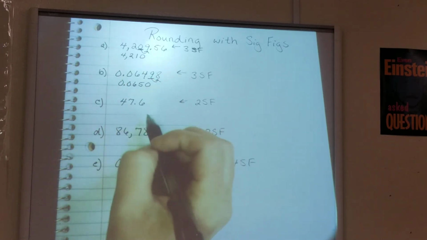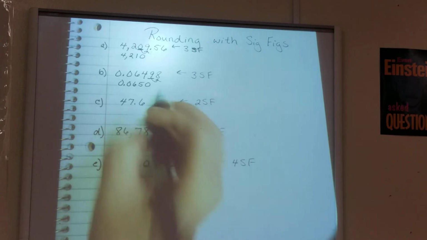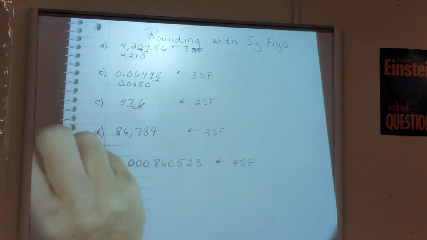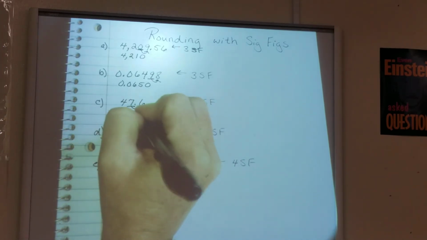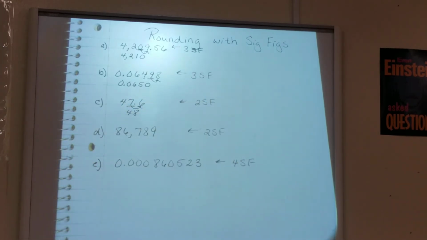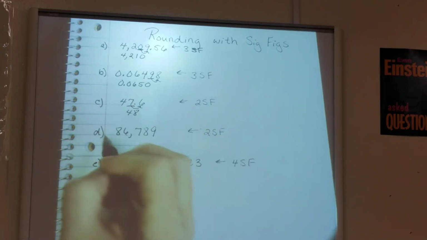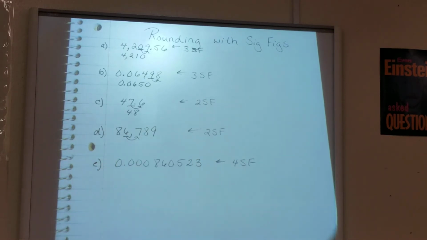All right, next example, I need 2 in this one. So 1, 2, I need to stop here. I'm gonna use that one only for rounding purposes. 6 bumps the 7 up, 48, 2 sig figs. 2 sig figs here would be 1, 2. I need to stop here. I'm going to use this one to round.